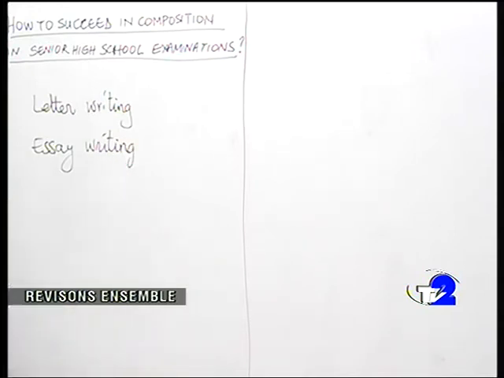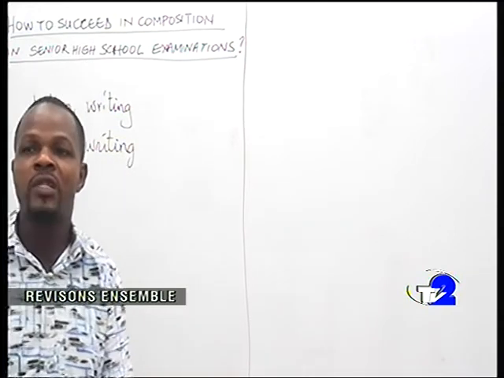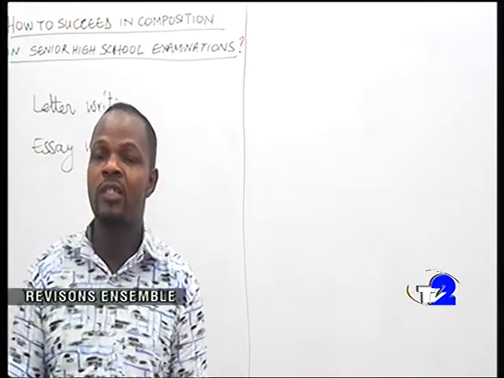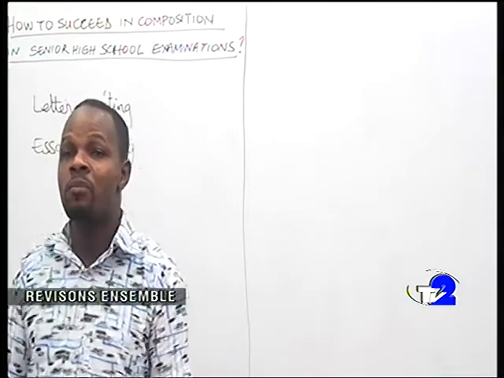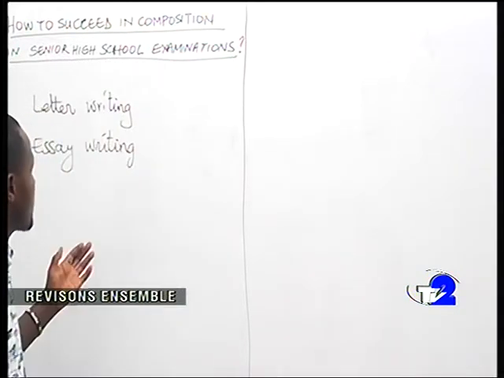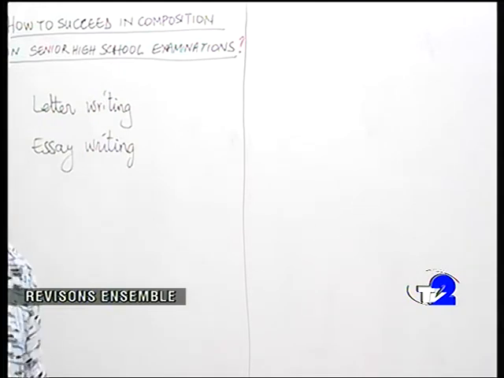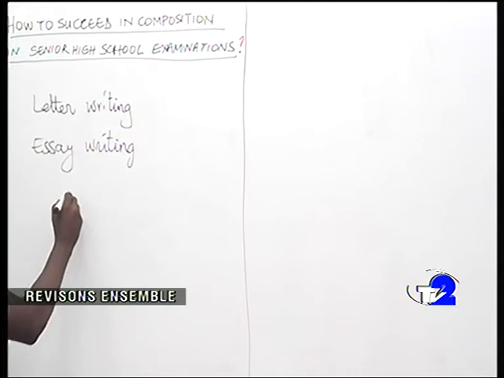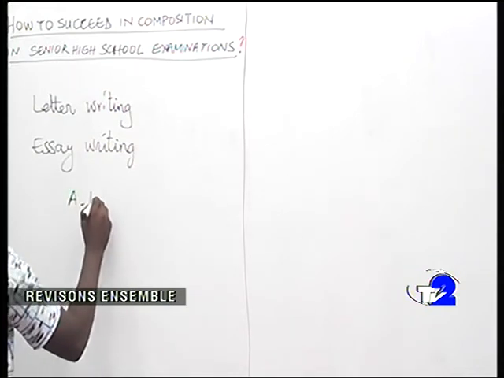So these are the two things we need to put into consideration as far as composition is concerned. Now, when we are talking about letter writing and essay writing, what does it mean? Let's start from the letter writing.